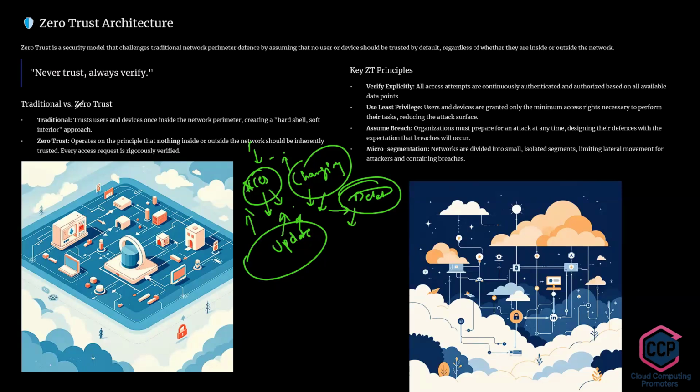Traditionally, users and devices once inside the network perimeter were trusted. In previous times, whenever a person got an access code or any identity of that organization, he used to go inside, sit wherever, do whatever he wanted, and access each and everything.